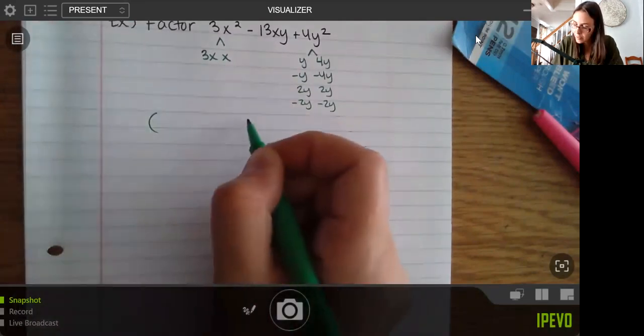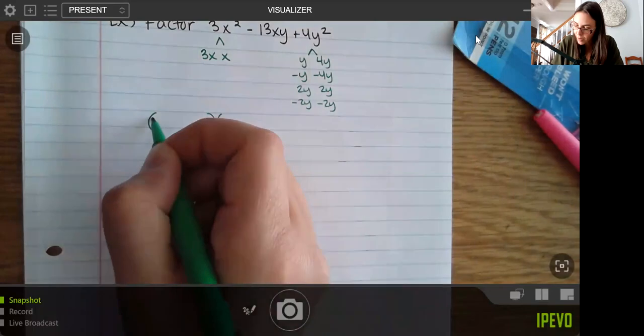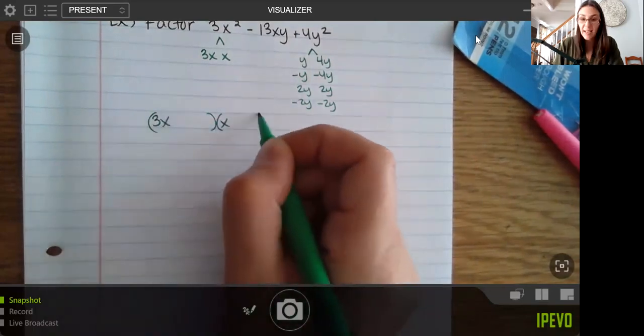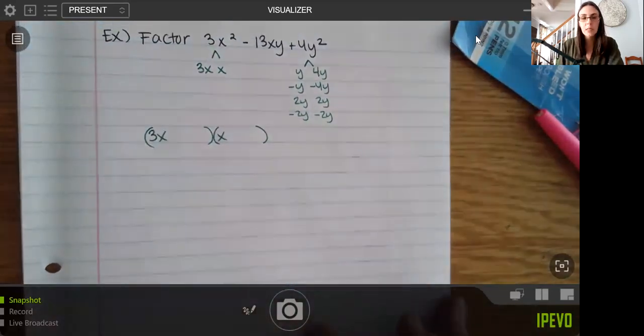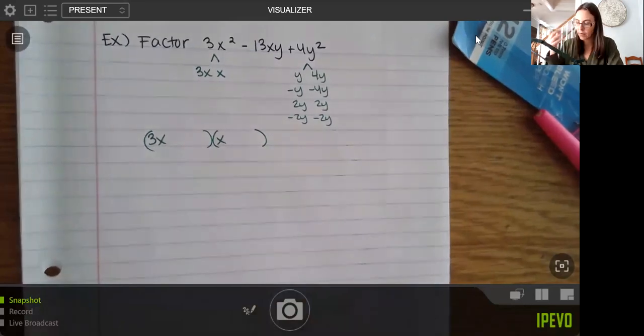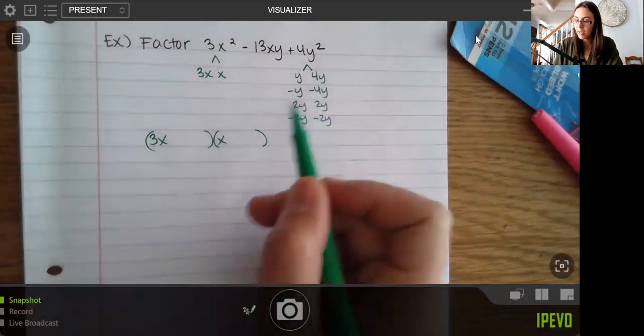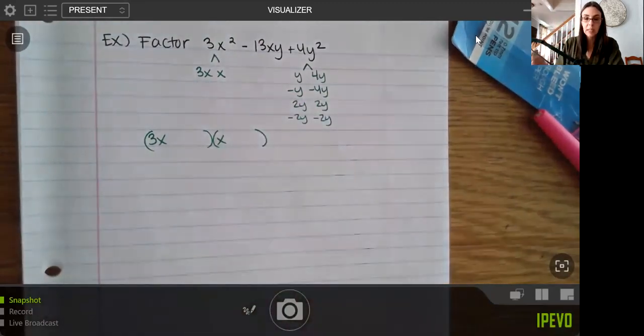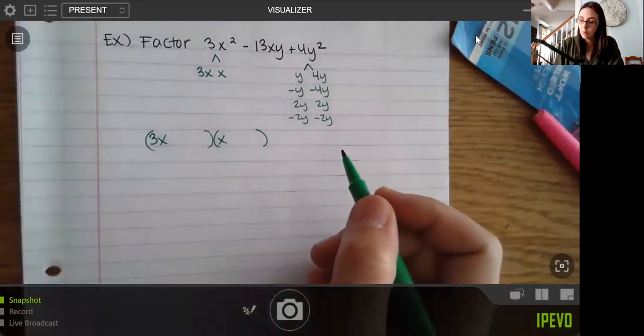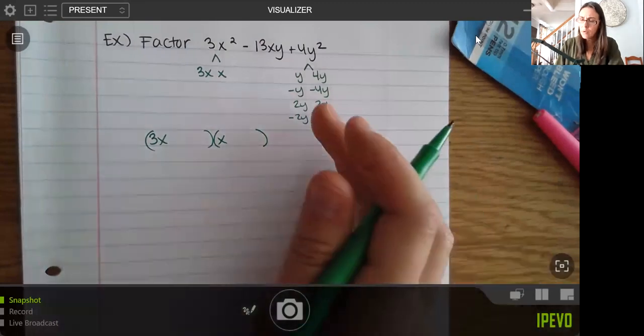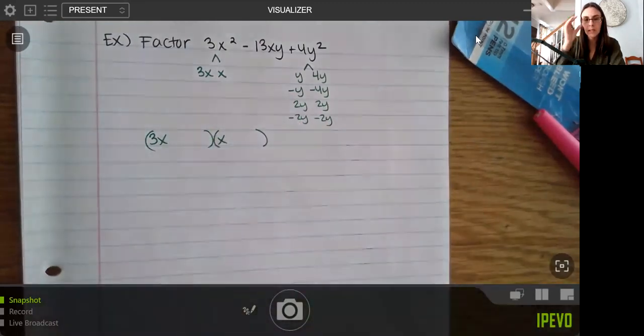So this one's at least a little bit nicer because I know my first group has to be 3x and x, unlike the last problem where I had a couple of different starting points. And I'm trying to get that negative 13 in the middle. So I'm looking at my different combinations to put in here. Again, don't forget order can change things to see if I can get the right one. So you can see if you can do some mental math first to see if anything seems like it's going to work.